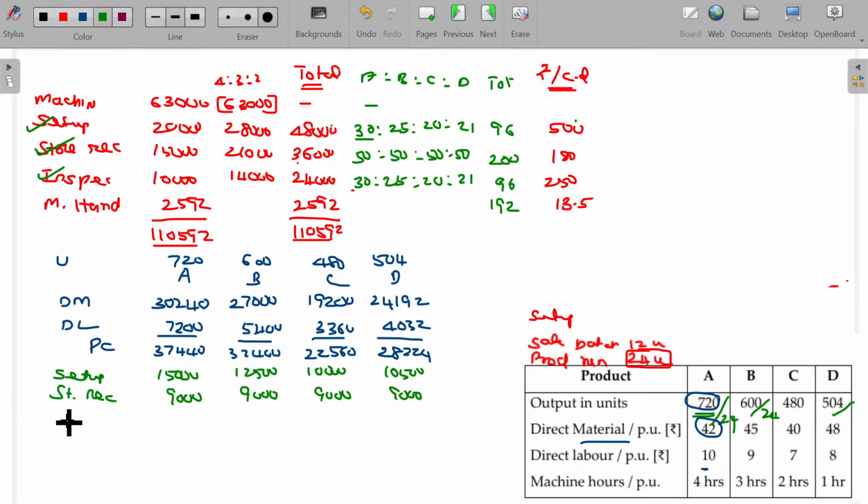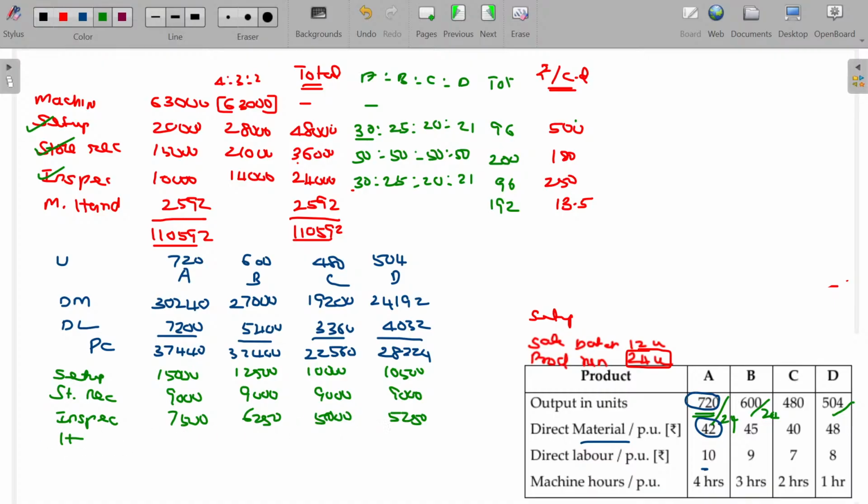And inspection: 250 into 30, 7,500. For B, 25 into 250, 6,250. For C, 5,000. For D, 5,250.